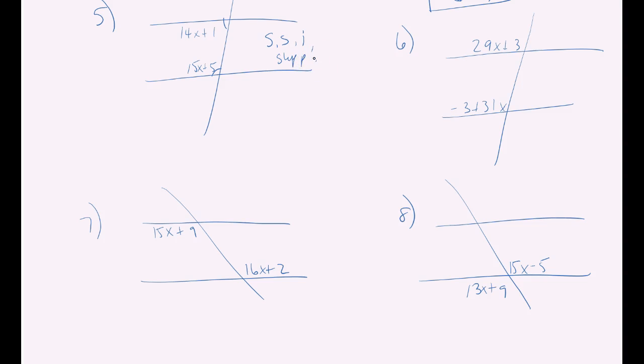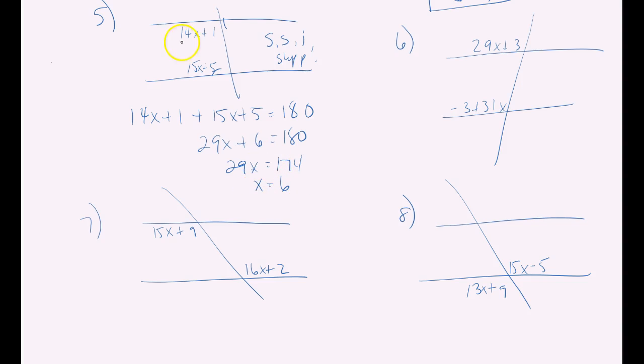And if they're supplementary, we need to add them together and set that equal to 180. So for me, add these together, I'll get 29x plus 6 equals 180. And then I will subtract 6 from both sides, and then I'll divide by 29, and I'm getting 6.